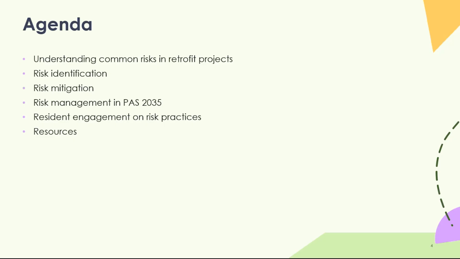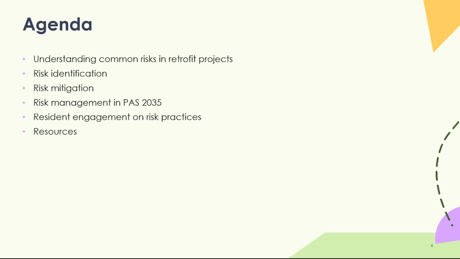So, for the agenda for today's session, we're going to start by having a look at some of those common risk areas in retrofit projects. And then once we've thought about those common risk areas, thinking about activities or methodologies we can use to identify those risks and make sure we're not leaving any obvious stone unturned.